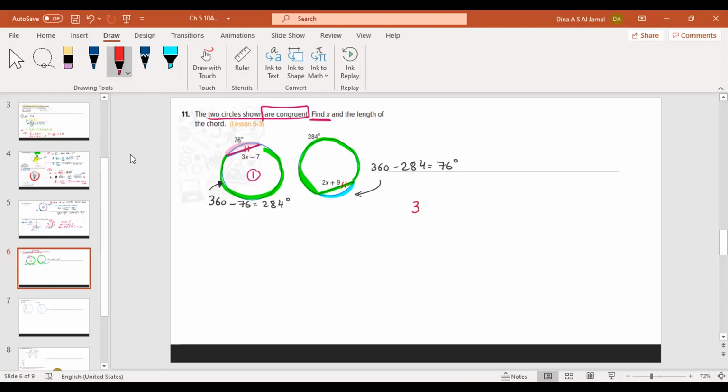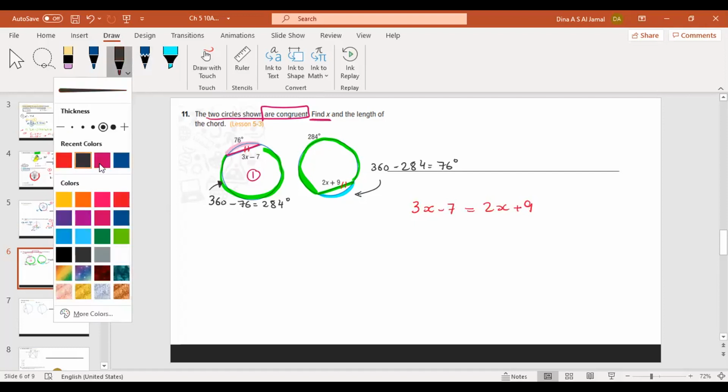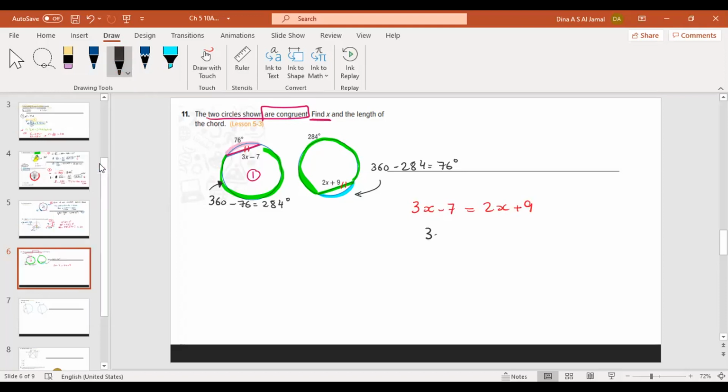So make them equal. 3x minus 7 equal to 2x plus 9. Now you have an equation with a variable on each side. You need to make the variables alone and the numbers alone. So 3x minus 2x equals 9 plus 7.